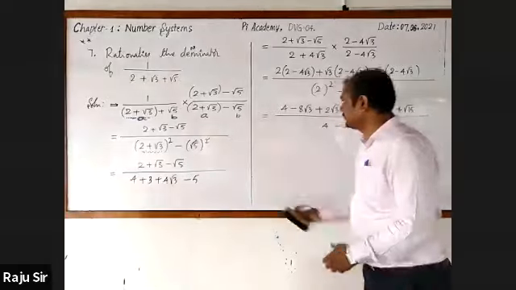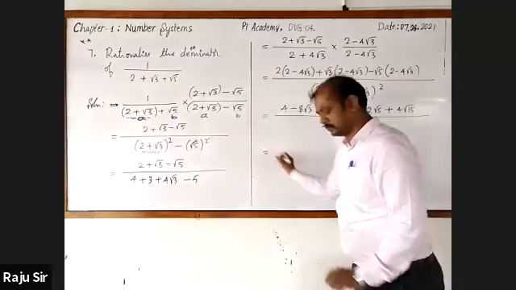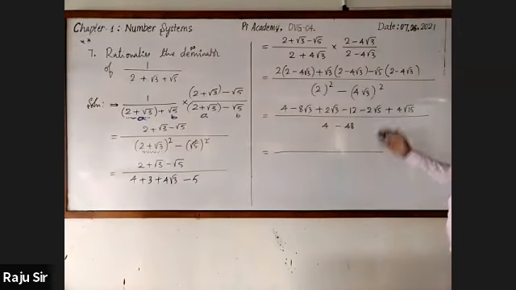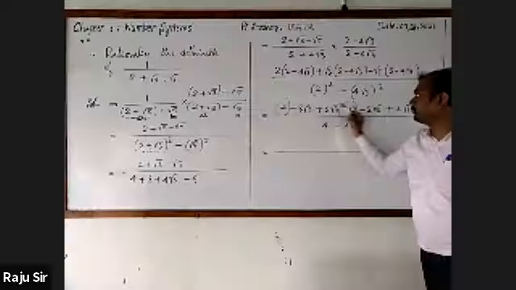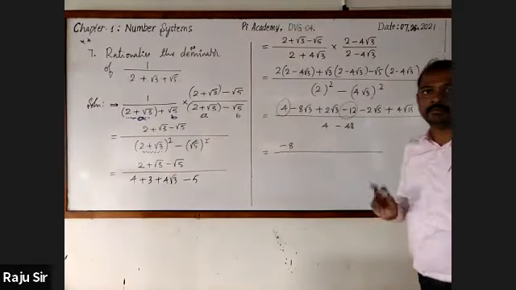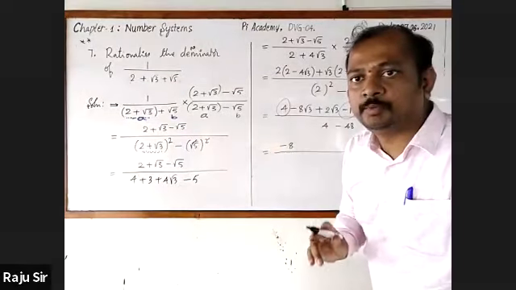Next, this is equal to. Now take the right side top and simplify. 4 minus 12 is minus 8. Amulya, are you understanding?